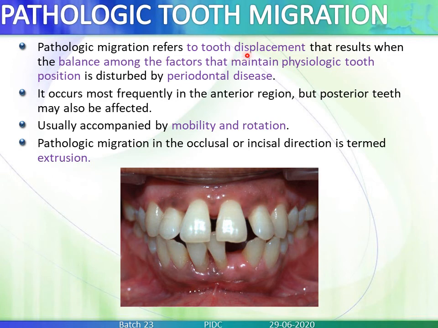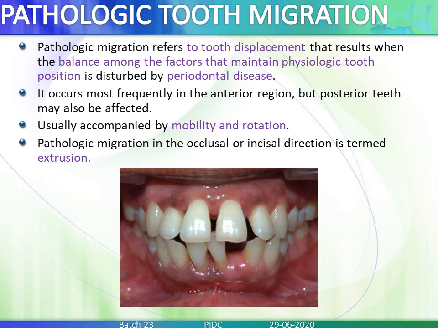In other words, this refers to tooth displacement that results when the balance among the factors that maintain the physiologic tooth position is disturbed by periodontal disease. This occurs most frequently in the anterior region, but the posterior teeth could also be affected, usually accompanied by mobility and rotation. And pathologic tooth migration, if it occurs in the occlusal or the incisal direction, is called extrusion.